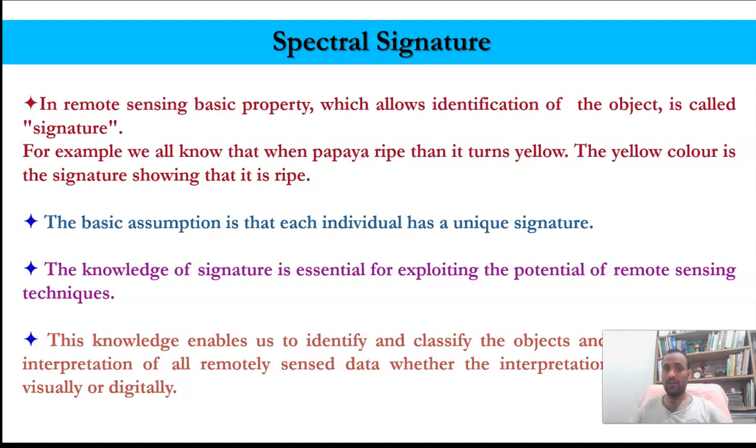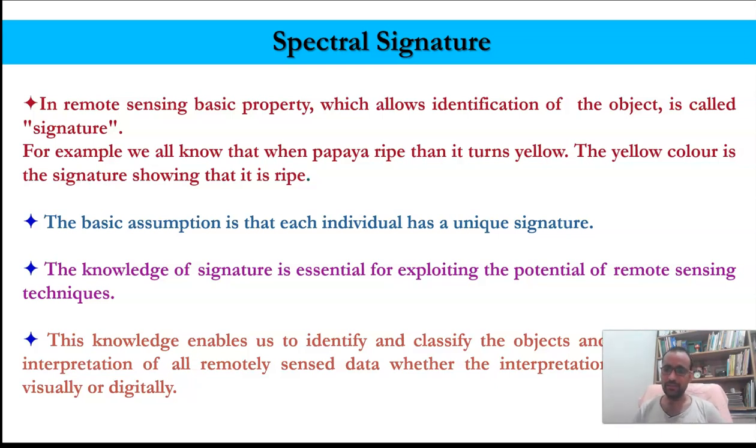Now, spectral signature. Different objects have different properties. So how are different kinds of wavelength reacting with the earth objects?